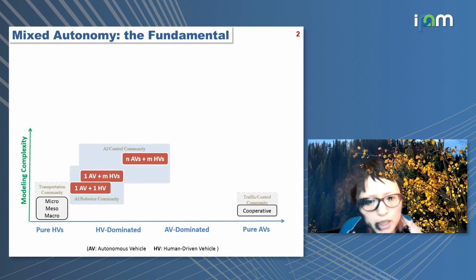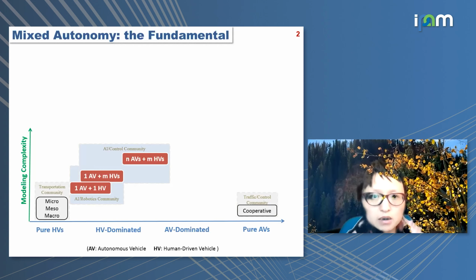When we gradually move towards the AV-dominated phase, we have to understand how a finite number of AVs interact with an ocean of HVs. I treat this as N AVs plus M HVs. I think the AI and the control community try to propose different models in this phase.